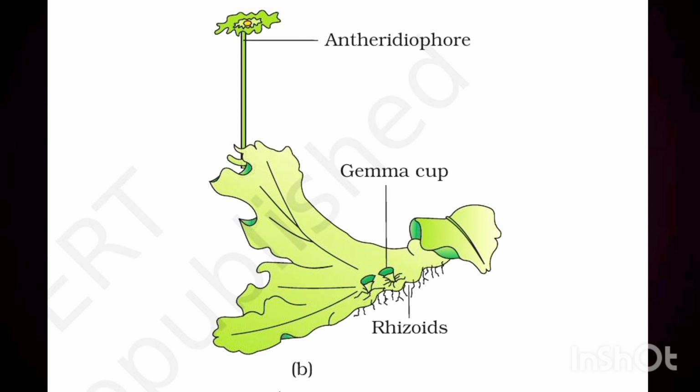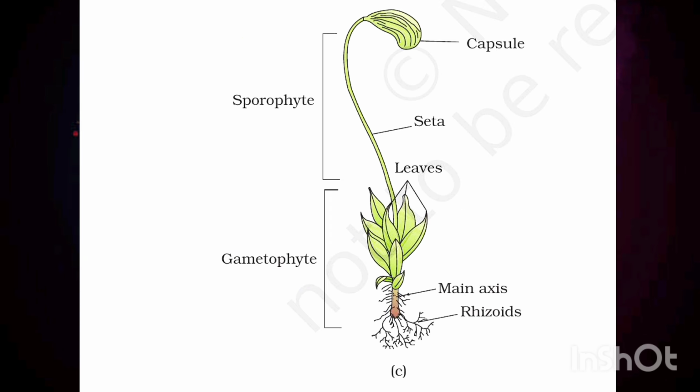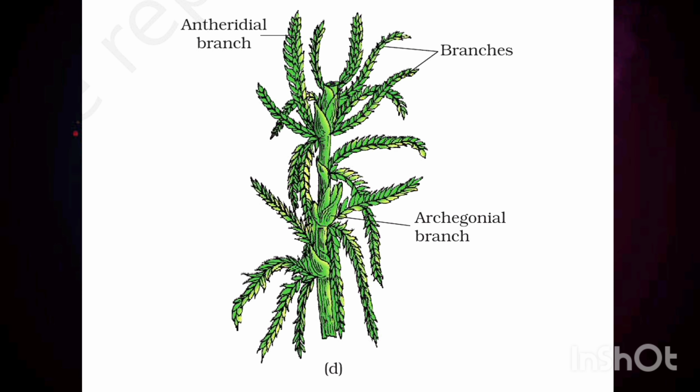B. Male thallus, Antheridiophore, Gemma cup, Rhizoids. C. Funaria, Gametophyte and Sporophyte. Capsule, Seta, Leaves, Gametophyte, Main axis, Rhizoids. D. Sphagnum, Gametophyte. Antheridial branches.